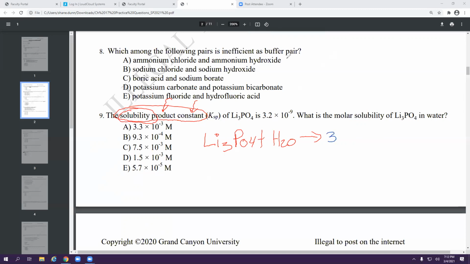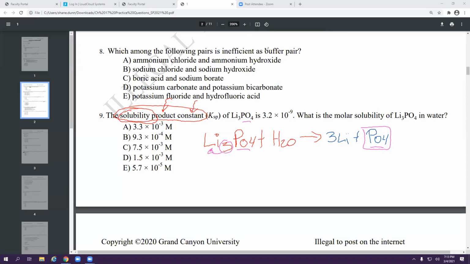I'm going to get 3 lithium plus 1 PO4, 1 phosphate, right? Does that make sense? The PO4 is a polyatomic, so that stays together. The 3 goes there because the 3 is right there. The 3 talks to that guy.